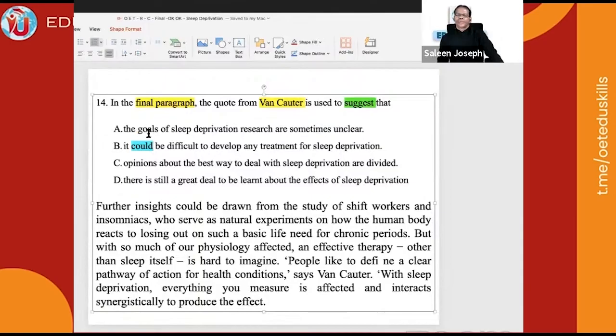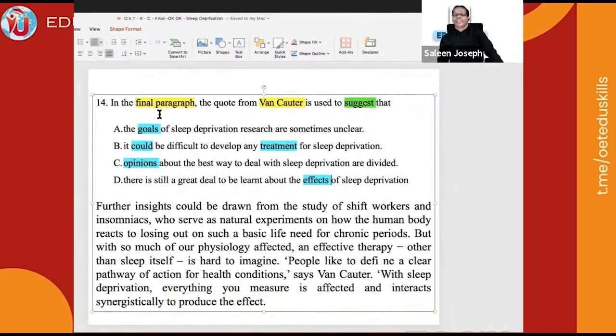Now, in the first option, goals of sleep deprivation, right? The goals of. It could be difficult to develop any treatment for sleep deprivation. Opinions about the best way to deal with opinions. Okay, there is still a great deal to be learned about the effects of sleep deprivation.